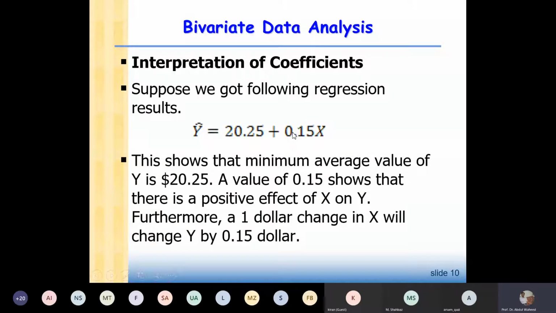And 0.15, because it is plus 0.15, means there is a positive effect of x on y. So when x increases by $1, y will increase by $0.15. If it is negative, then this means there is a negative effect, and then we have to apply a hypothesis test to check the significance of this variable. Okay.